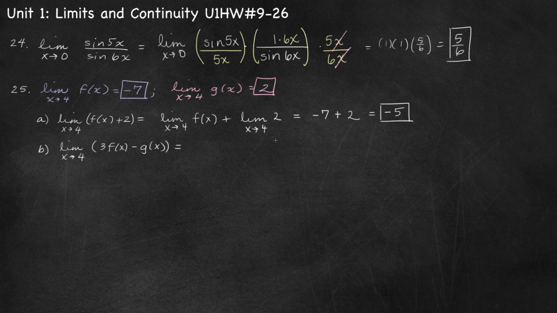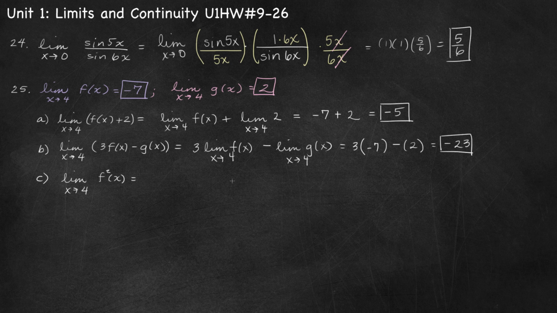Part B, the limit of 3 times f minus g as x approaches 4. So this is going to be 3 times the limit of f of x as x approaches 4 minus the limit of g of x as x approaches 4. So it'll be 3 times -7 minus 2, or -21 minus 2 is -23.